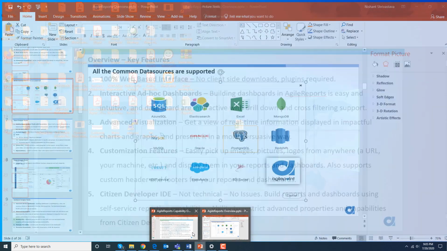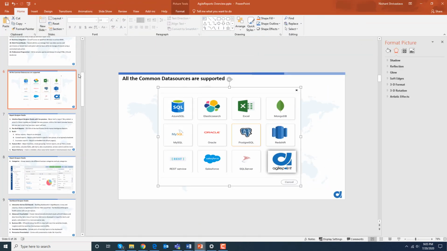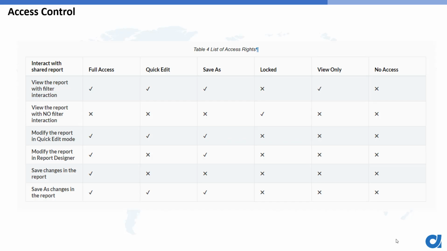If I switch back to one of my PPTs over here, so here is the list of access rights, as you can see. So the one with full access can view the report with filter interaction and practically do everything on that report. He would obviously not have the report without any filter because that's only for the logged user. In a quick edit, a user can view the report. He can modify the report in quick edit mode and save as changes in the report.